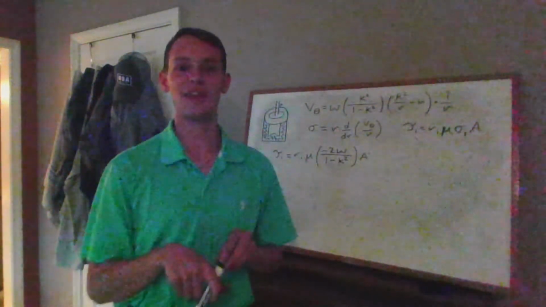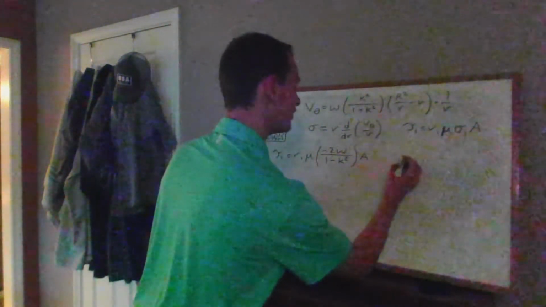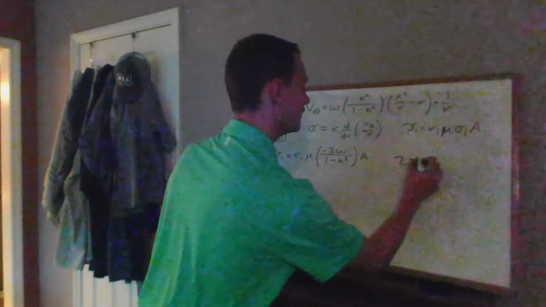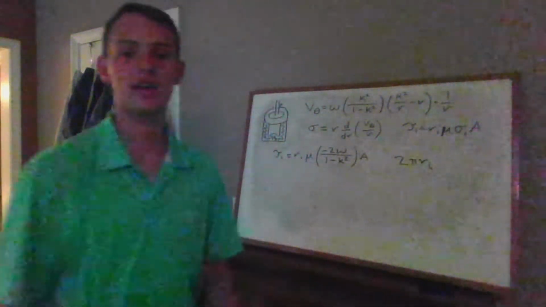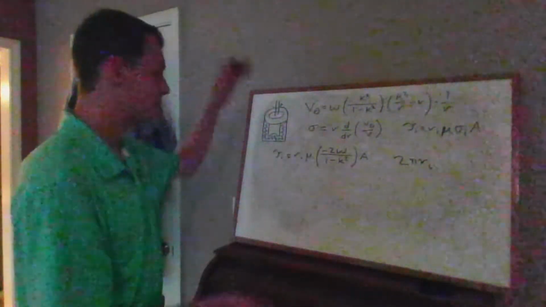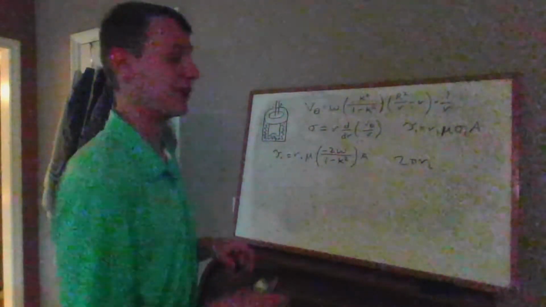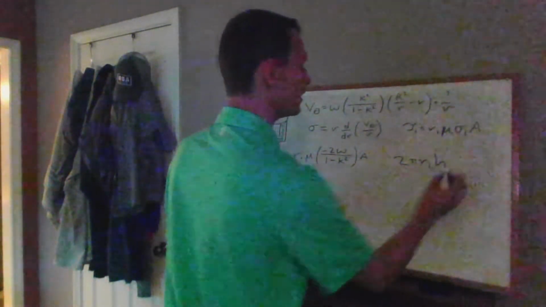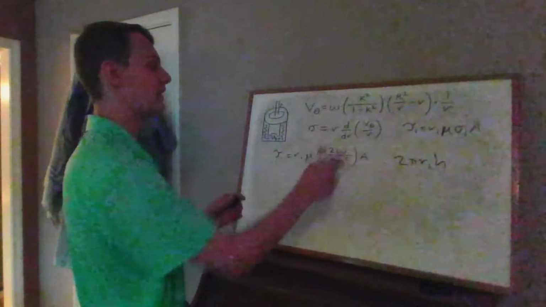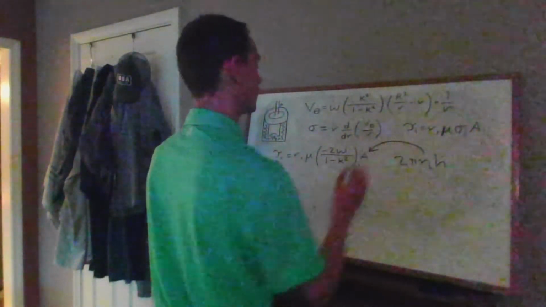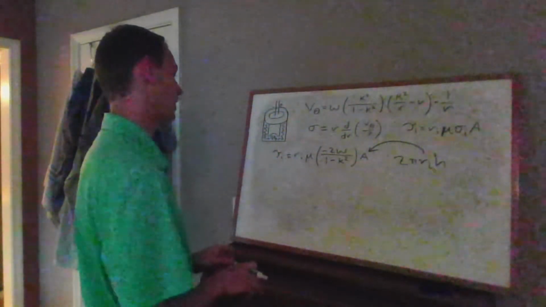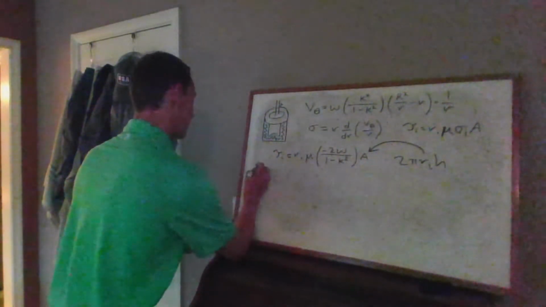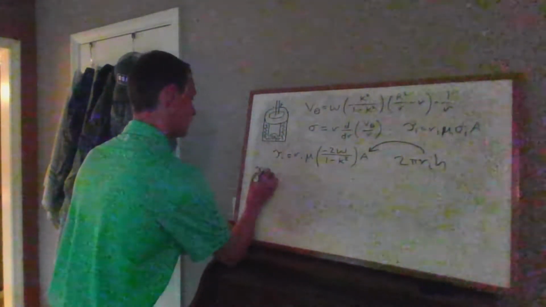The perimeter, that's the circumference, so that'd be 2 pi times the inner radius. And then how high? Well, I don't really know. We'll just say h. We need to know the height of our cylinder, because that would be the area of contact, so that would go into here. Okay, so that leaves us with this final expression.